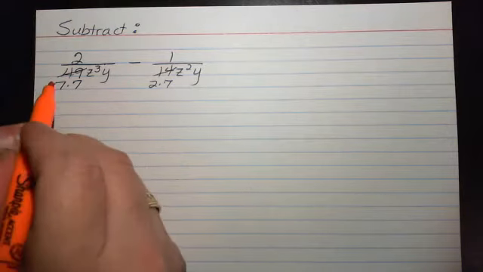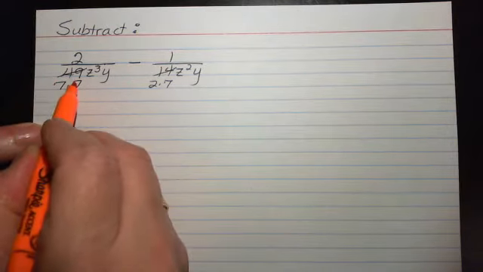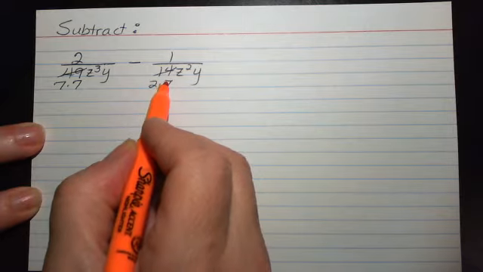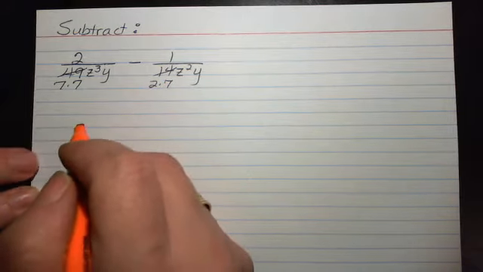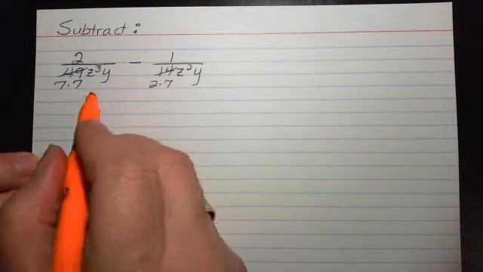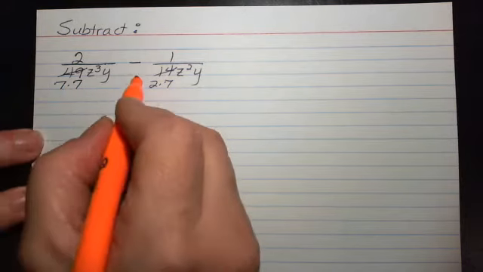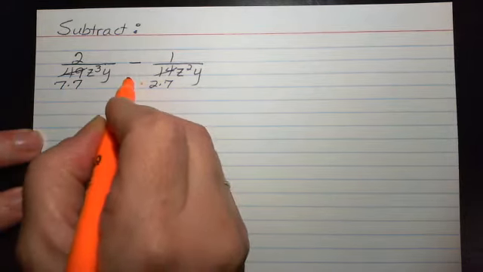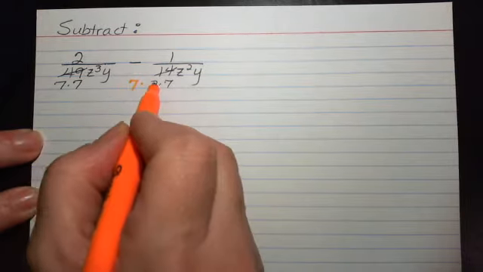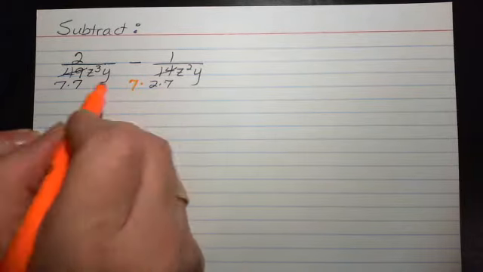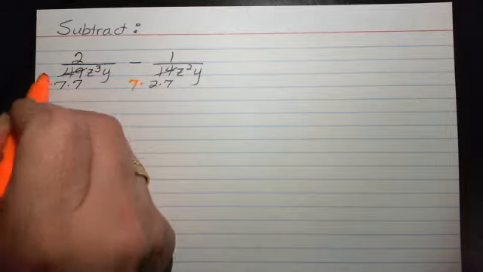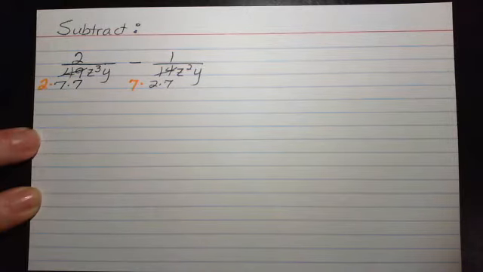So this one has a 7 and a 7. This has a 2 and a 7. So to make them common, this has 2 7s and this needs another one. And this has a 2 that this one doesn't have, so we could say multiply that by 2.